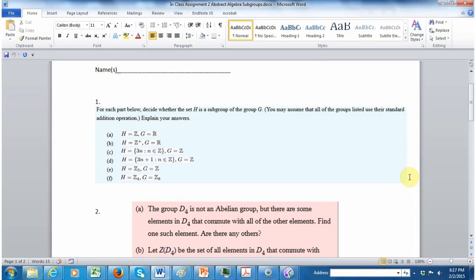They have different meanings, right? They're equivalence classes. Same with Z4. Z4 is addition mod 4, and Z8 is addition mod 8. So it doesn't make sense to even talk about H being a subgroup of G under addition. So for E and F, those are weird questions because they're not subgroups.